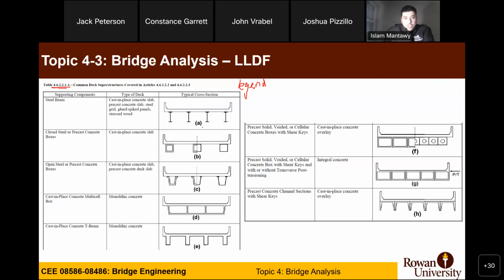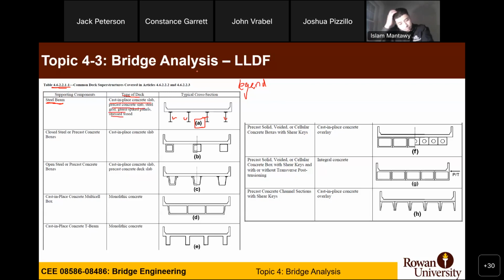So for this cross section, they call it cross section A. The cross section is supported by steel beams, correct? And the bridge deck type is cast-in-place concrete slab or precast slab or whatever other options.